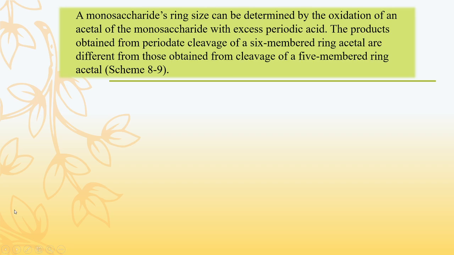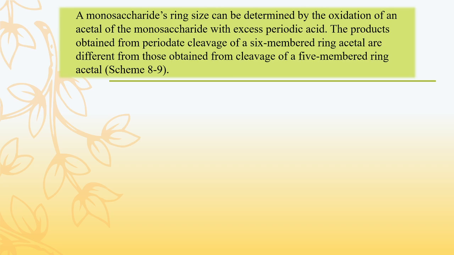That means the given sugar is reacted with excess periodic acid, and from the 6-member sugar we get one product and from the 5-member sugar we get another product. So from that we can determine whether it is a 5-member or a 6-member sugar.